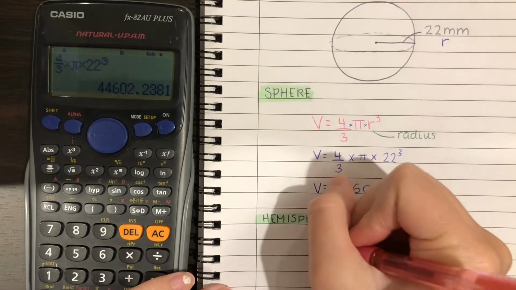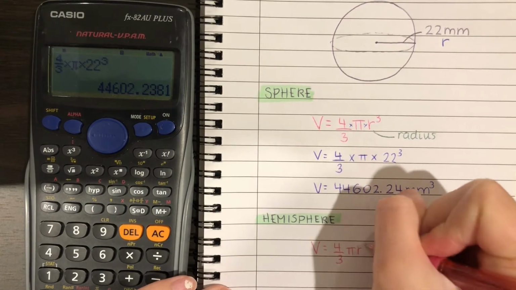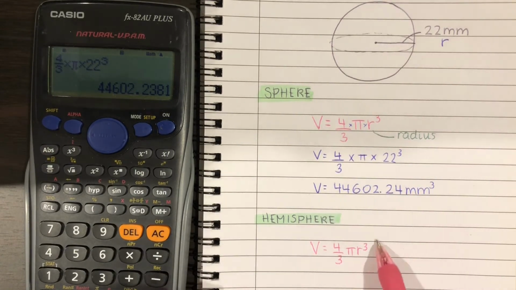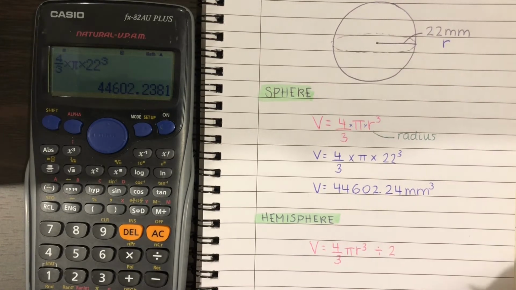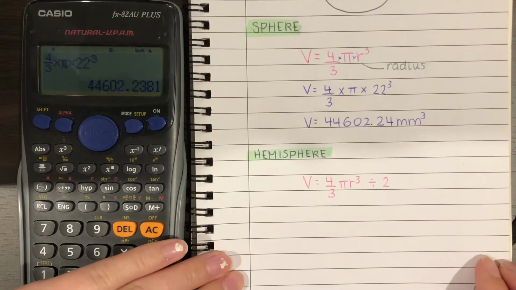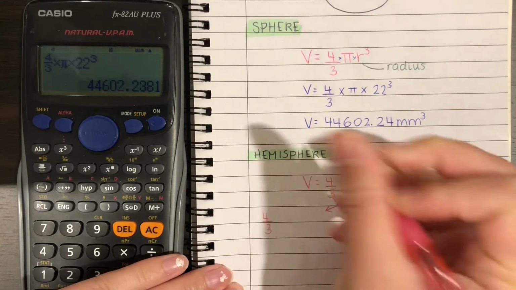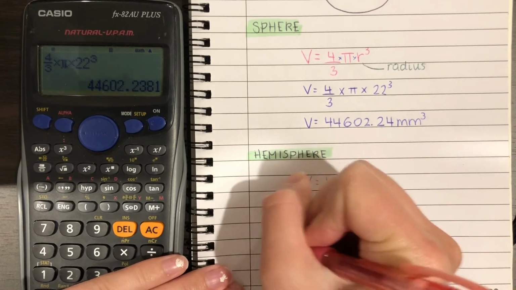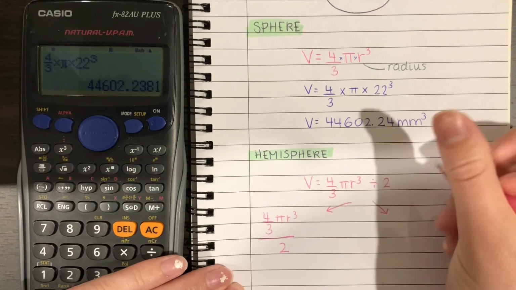So we need to halve this, which means dividing by 2. Halving is the same as dividing by 2. So we have 2 options. We can either do this, or we can do this.